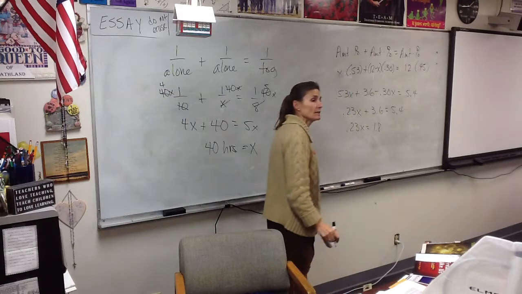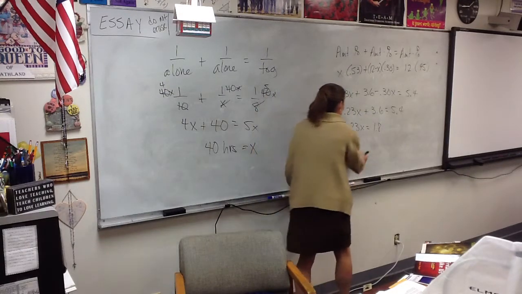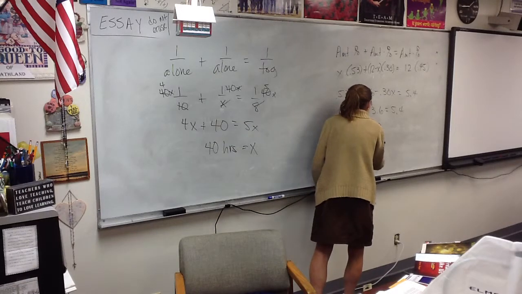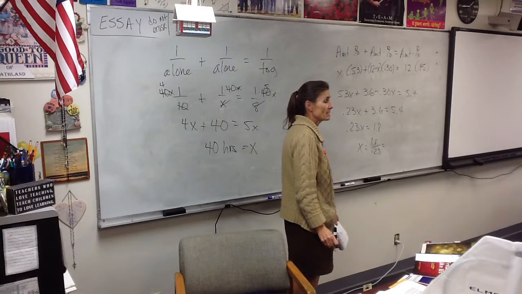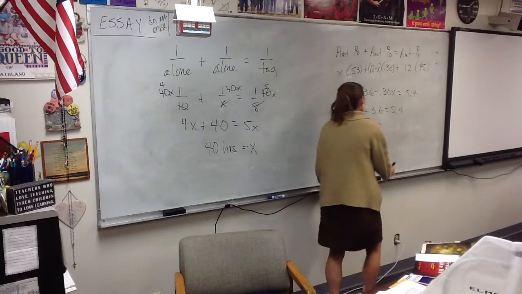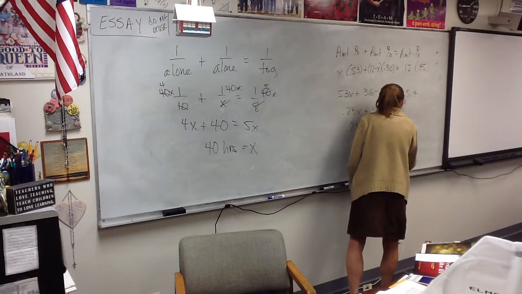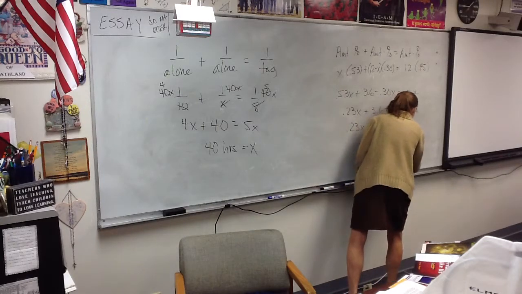Remember, you got a calculator, so don't be freaking about the arithmetic. X equals 1.8 divided by 0.23. Can somebody do that for me? I cannot do that in my head. 7.826. And the unit on that would be gallons.